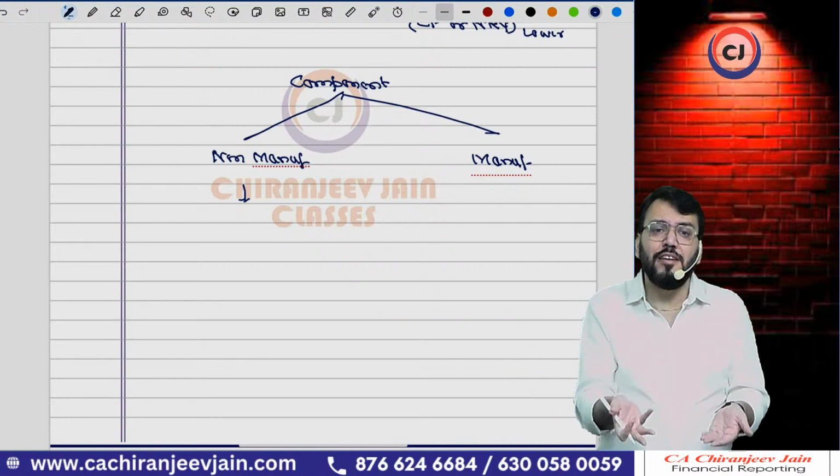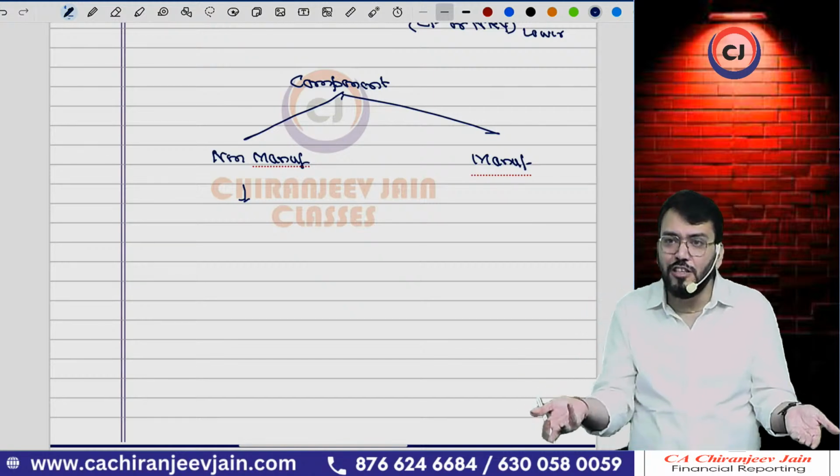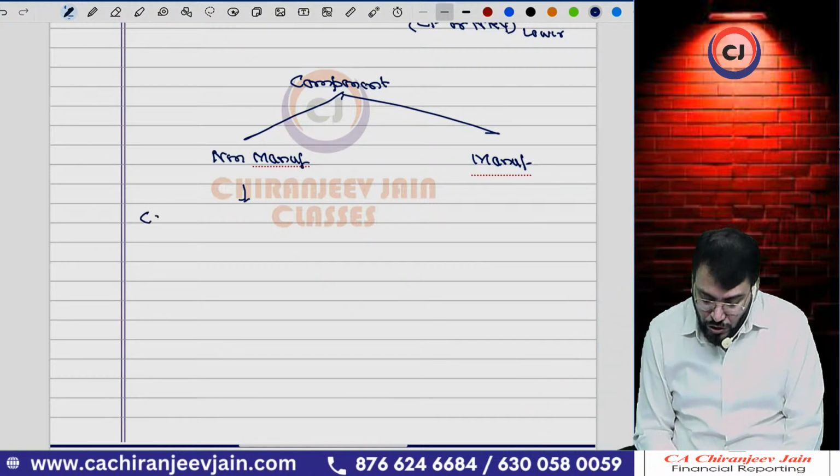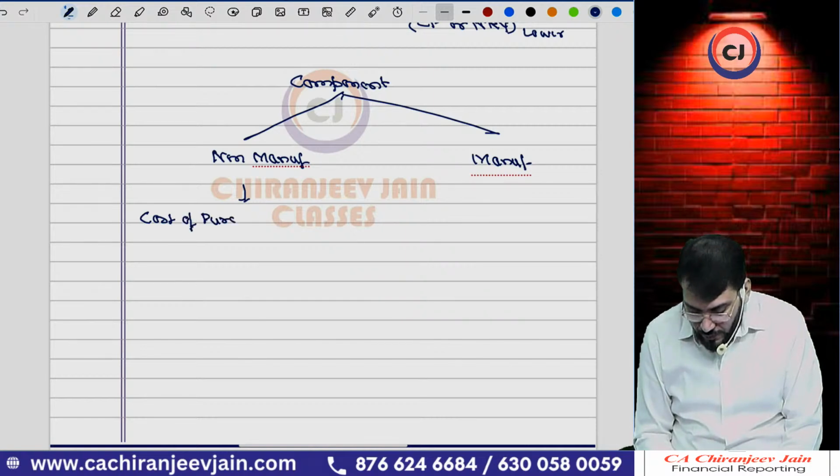So for them, stock in trade is held only for selling in the ordinary course of business. So for them, the cost of purchase of stock in trade will become the cost price.